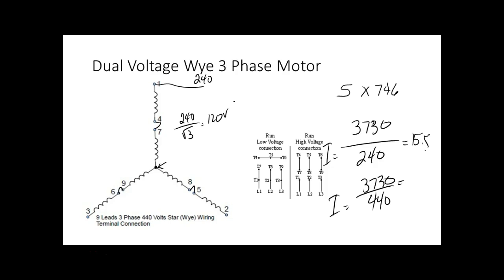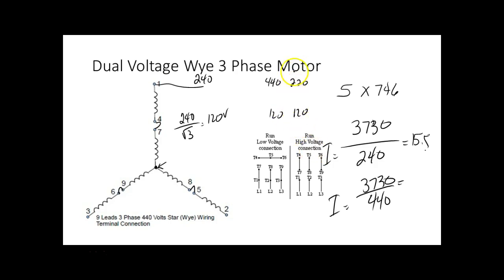So what would I do to wire it for low voltage? Well, low voltage is going to require more current. So what do we do on a dual voltage transformer when we wire it for low voltage? Our transformer, we could take 440 and get 120 out of it, or we could take 220 and get pretty close to 120 out of it.